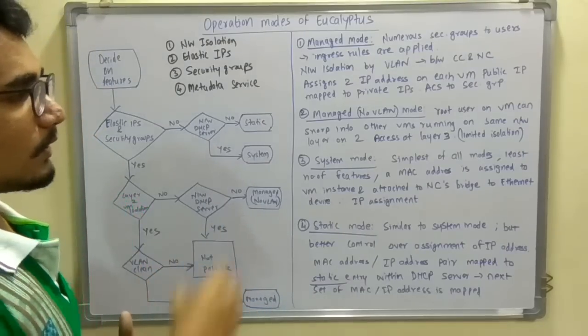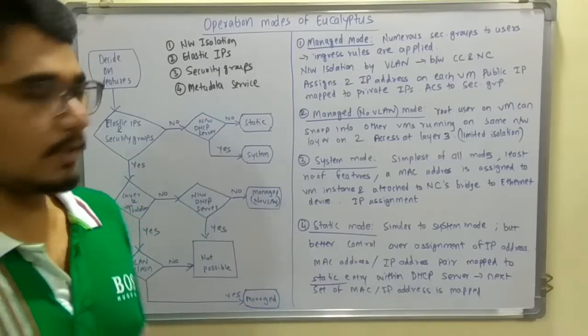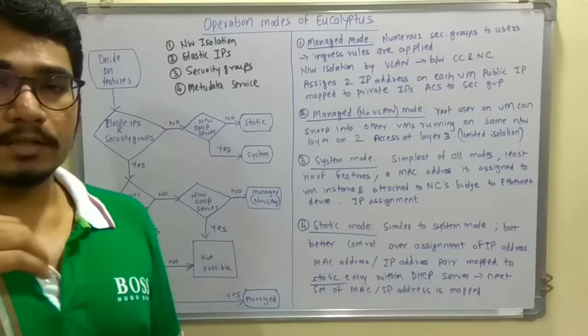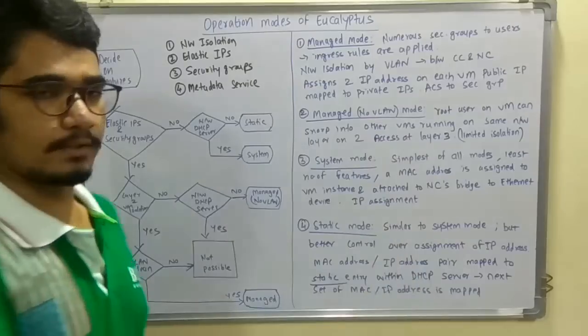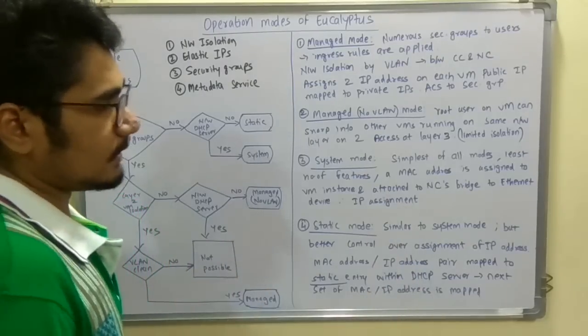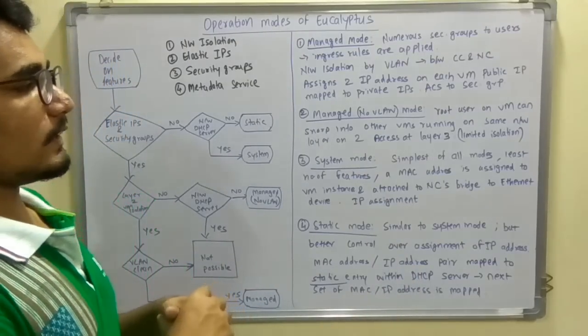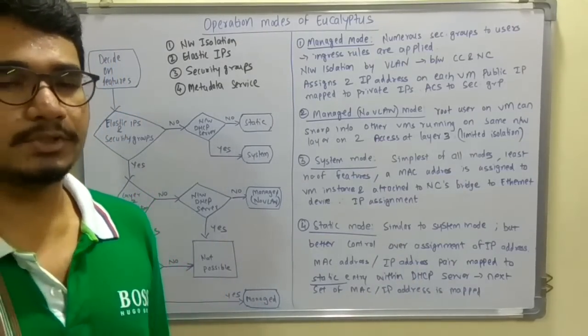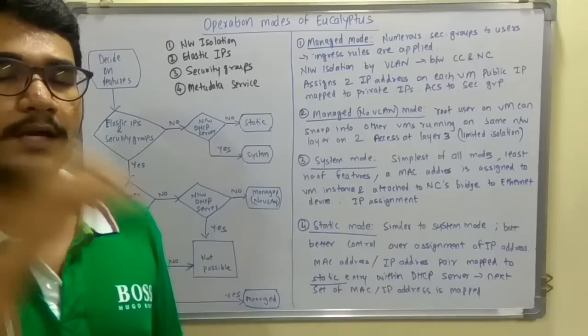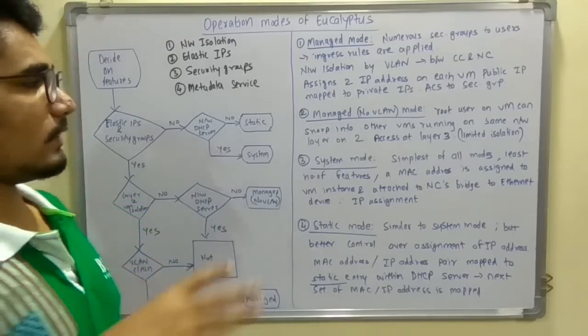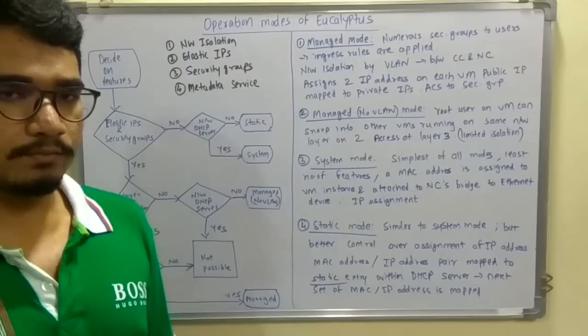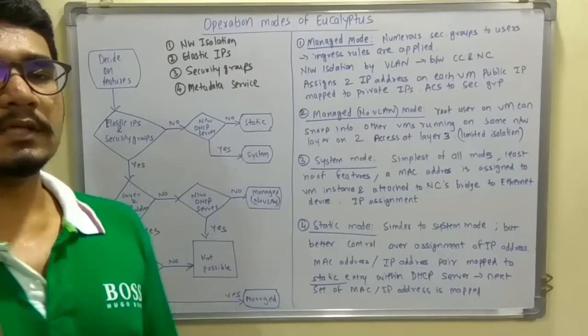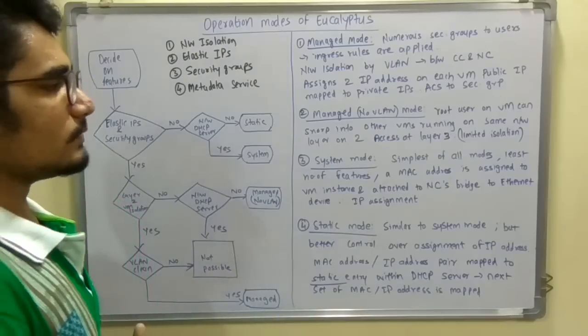So to hold on, a root user on a VM can snoop into other VMs running on the same network at layer 2 if there are multiple clusters. So it can accidentally or intentionally stop another VM's execution. That's why there is no network isolation, and in some cases this managed no VLAN mode is used.